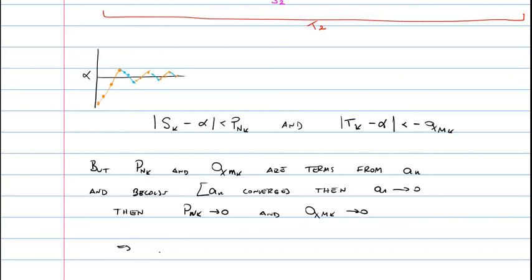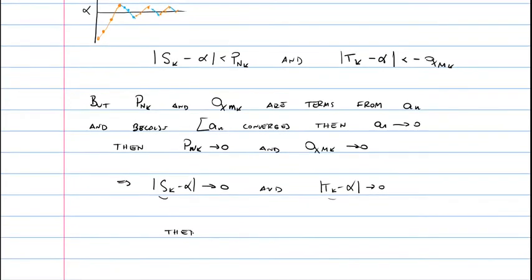So s sub k minus alpha goes to 0, and t sub k minus alpha goes to 0, and thus, since both s sub k and t sub k are partial sums of p sub n, the series of p sub n converges to alpha.